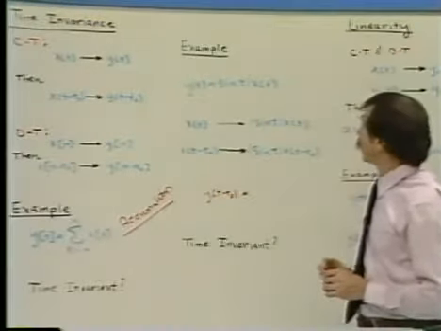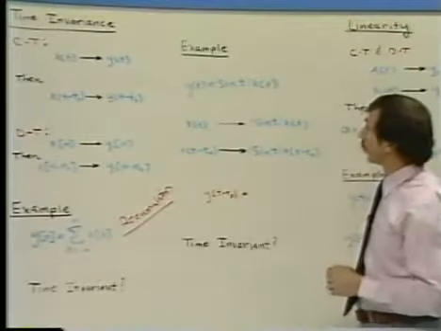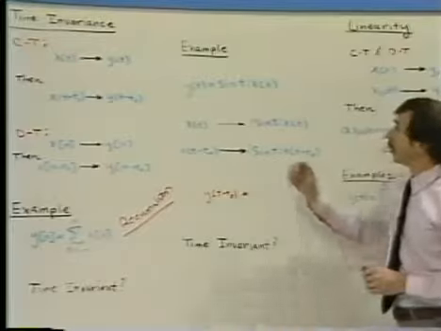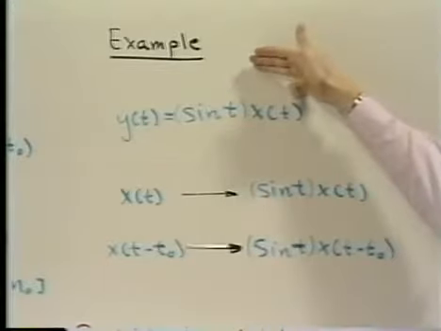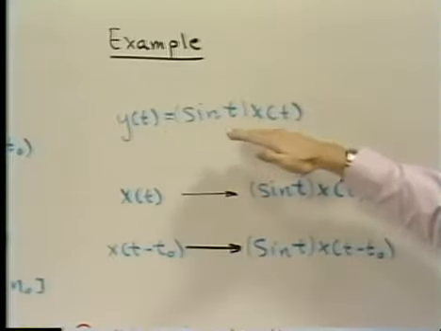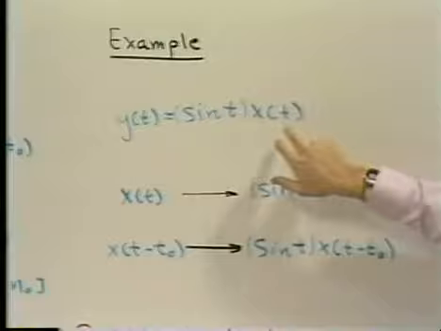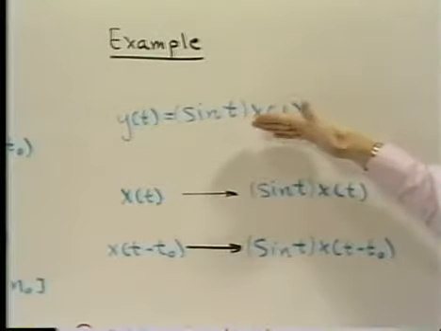Okay, I'll indicate another example. We had the example of an accumulator. Here's another example, which, as we'll see later, is a system which is a modulator. The output is the input modulated.